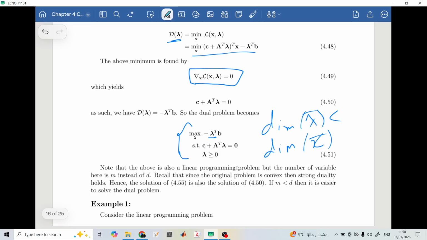So you should solve the dual problem if the dimension of lambda is smaller. And mind you, the LP problem is a convex optimization problem, so solving the dual leads to solving the primal because we have strong duality.